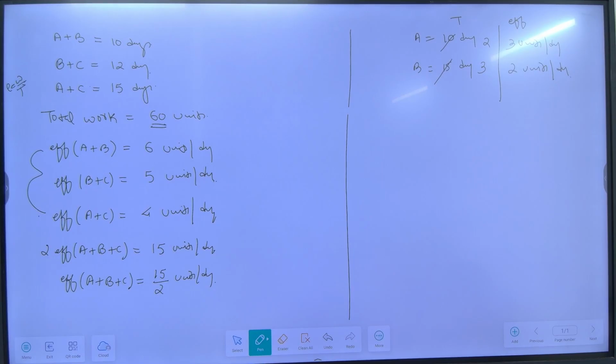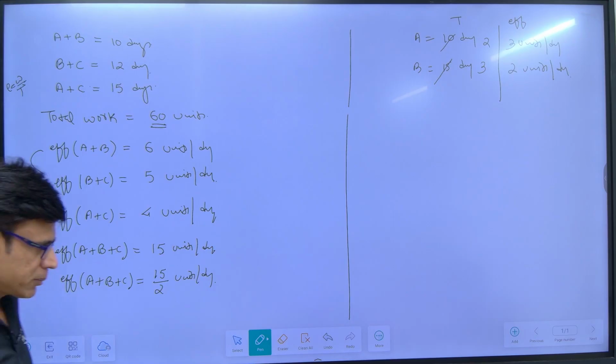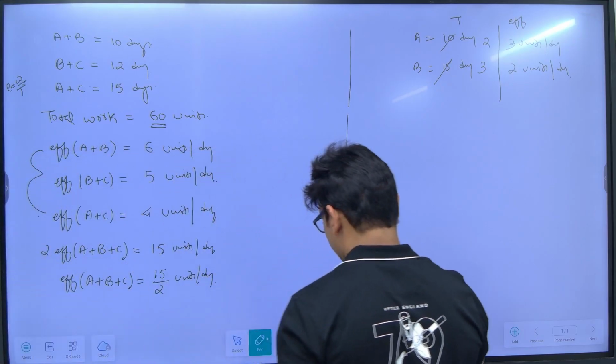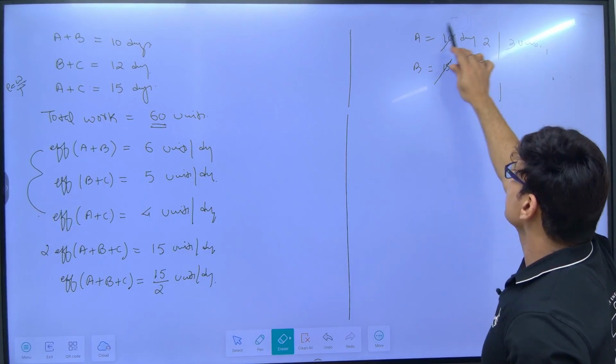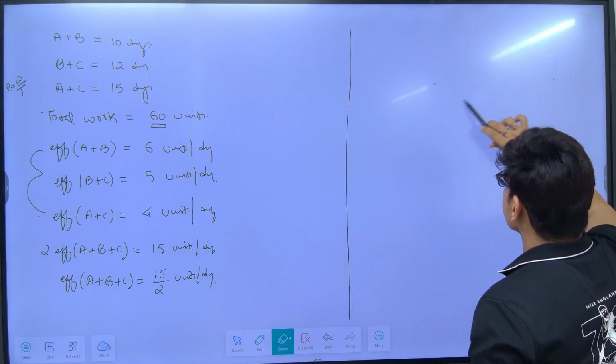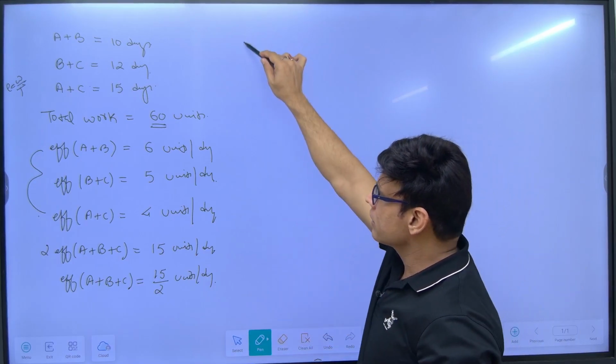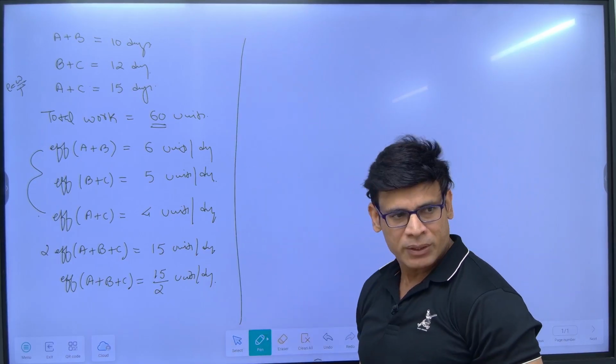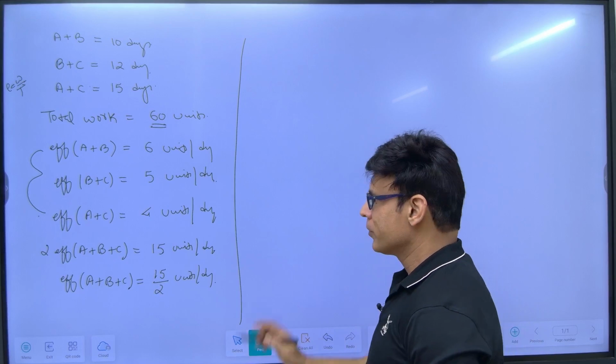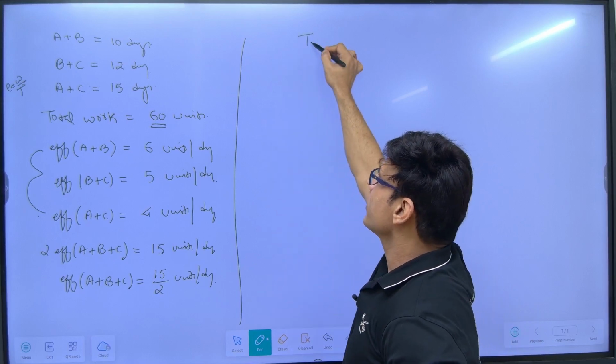So 60 by 10. Understood? Same goes for other thing. So efficiency of A plus B plus C is how much? A plus B plus C is how much? 7.5. Any doubt? Any doubt in this? 7.5 is clear? Okay.